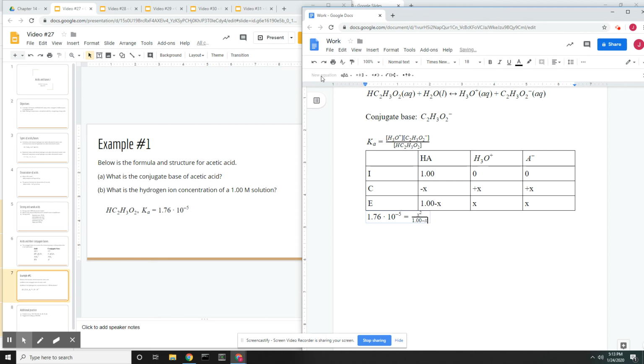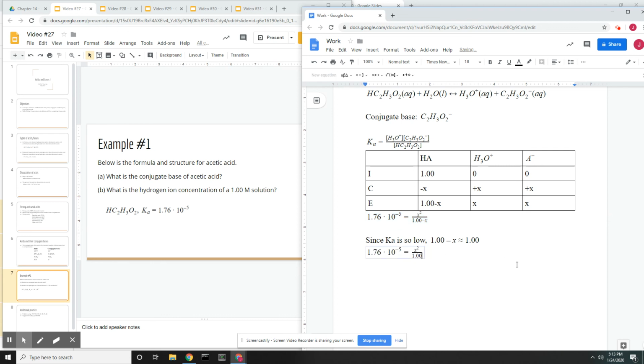And then this problem actually isn't super difficult to solve mathematically because of the fact that it's just x squared, but you really don't have to do that. So since Ka is so low, I can assume that 1.00 minus x is approximately equal to just 1.00. So that takes this whole problem and makes it a whole lot easier.